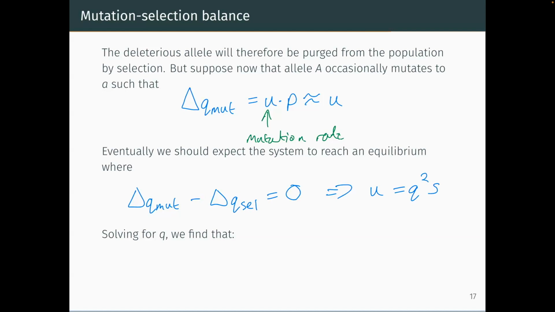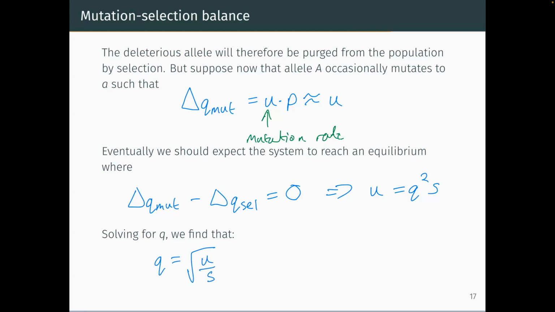If we want to work out our frequency of this, we could leave it in this format, but this is in terms of our mutation rate. Instead, if we want an equation in terms of Q, Q can't be negative, so we just take the positive square root.